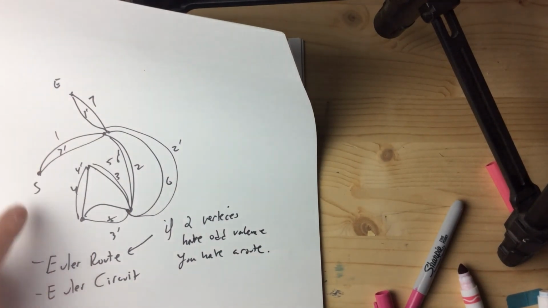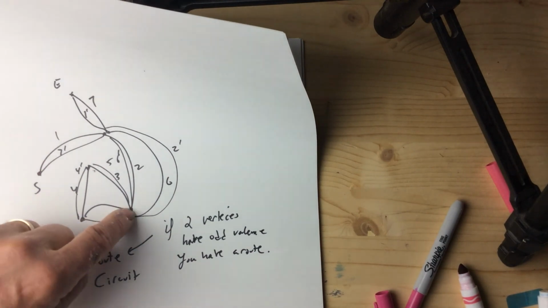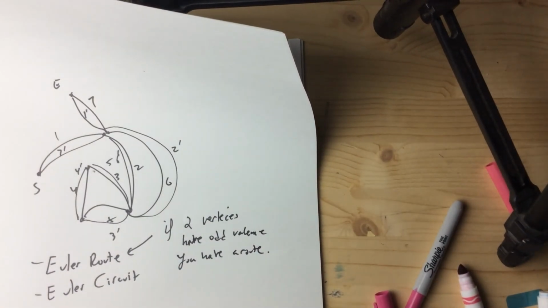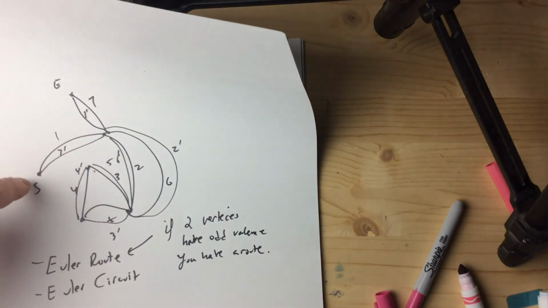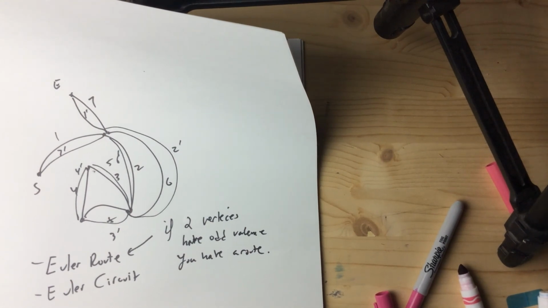In this picture I just had here, that was an odd 1, that was an odd 1, that was a 2, 2, 4. And so you had to start and end at one of the odd ones. So Euler had a theorem. He said you can't do it if you have any odds. But if you have exactly two odds, you can find a route, start and end at different places, visit exactly once. Otherwise, everything's even and you can do it.